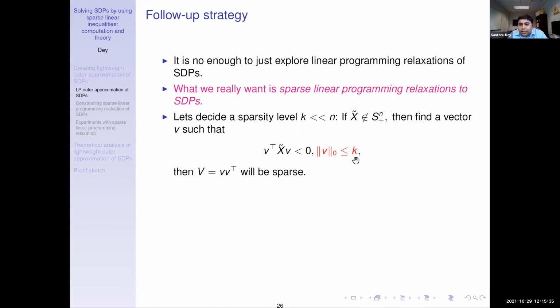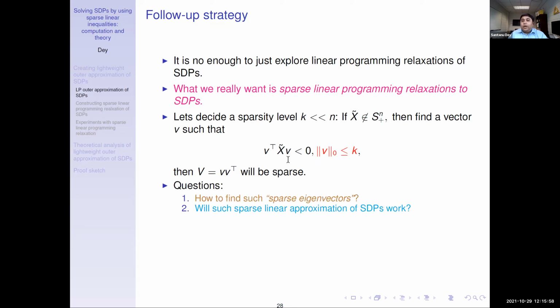For example, this inequality means that I want no more than some prefixed value k of the entries of this vector V to be non-zero. If I'm able to find a vector V of this form, then I will be able to separate my current x tilde from the PSD cone, but the inequality that I add is sparse. So the questions are, how do we find these sparse eigenvectors? And once we do this, does it actually help?